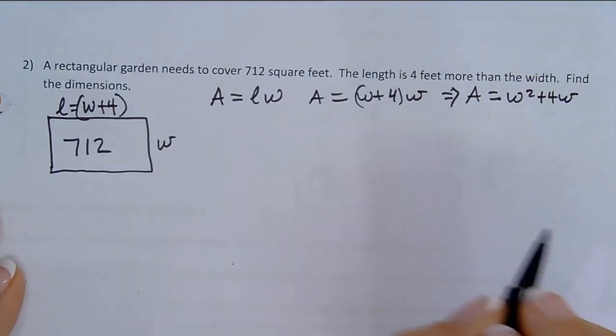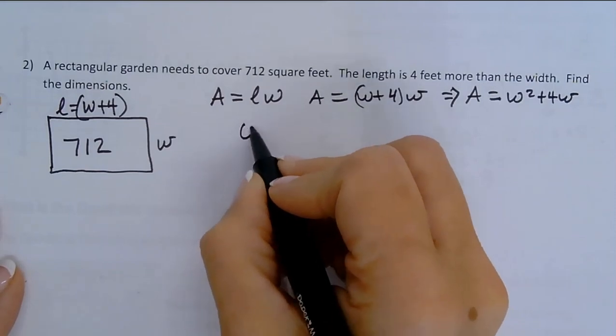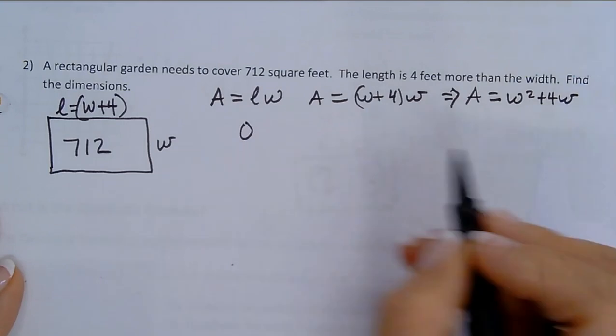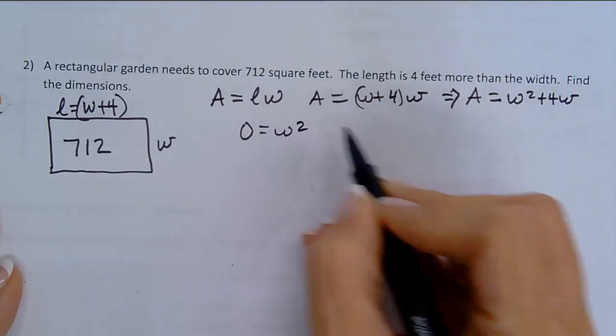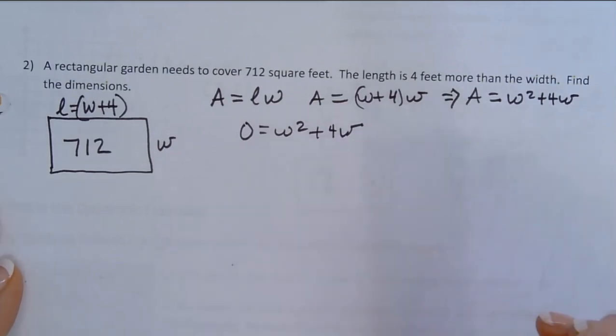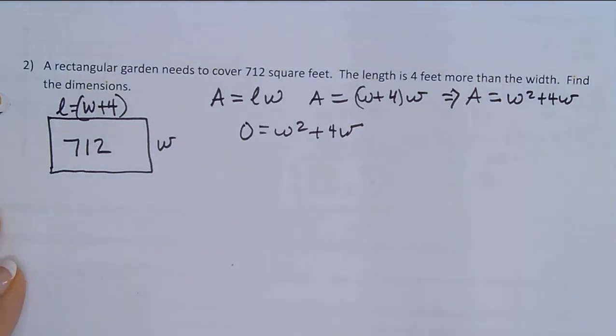So if I want to find my dimensions, I'm going to set that whole thing equal to 0. I want to know what can W be here. So 0 equals W squared plus 4W. And I'm going to go ahead and use my quadratic formula. Sorry.